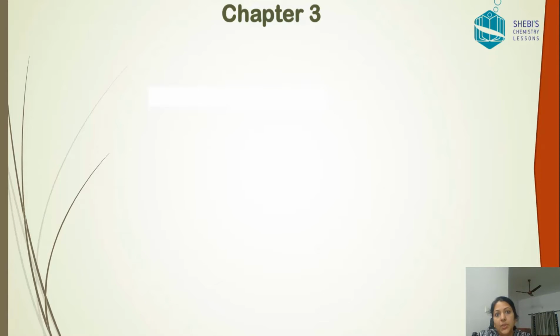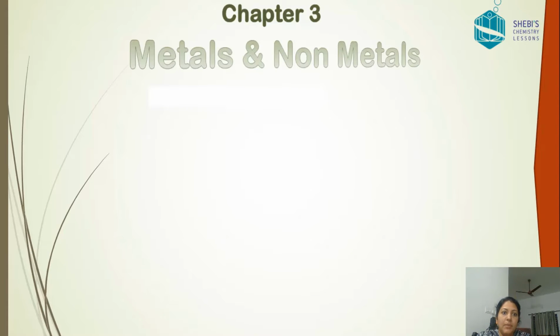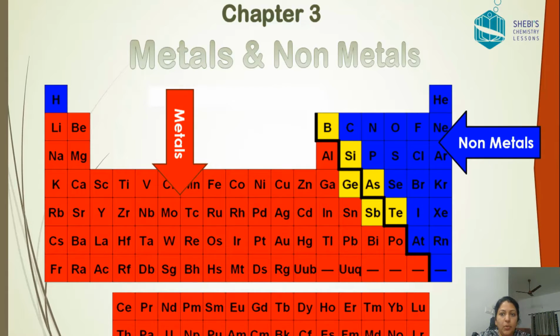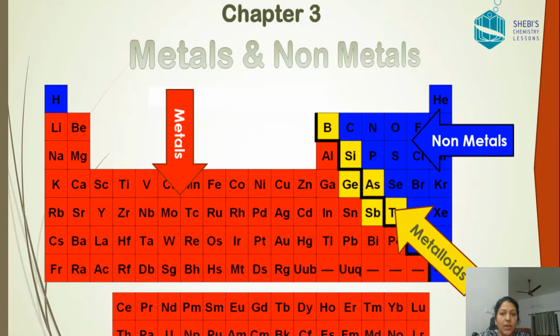Alright children, today we are going to discuss chapter number 3, metals and non-metals. This is the periodic table. The periodic table is classified into metals, non-metals and metalloids. You can see the red colored elements in the periodic table are metals, the blue colored elements are non-metals, and the yellow colored elements are metalloids.